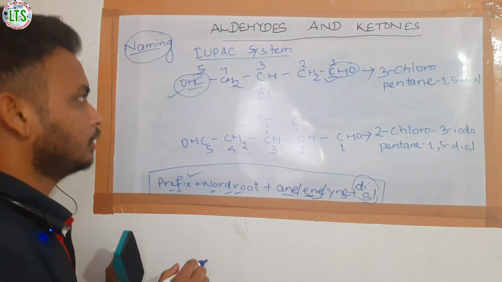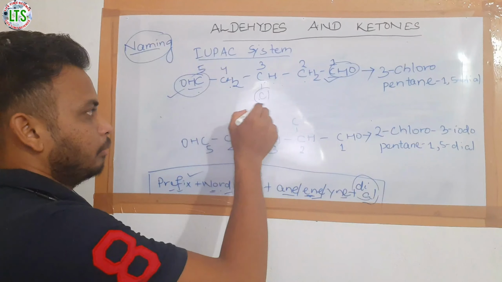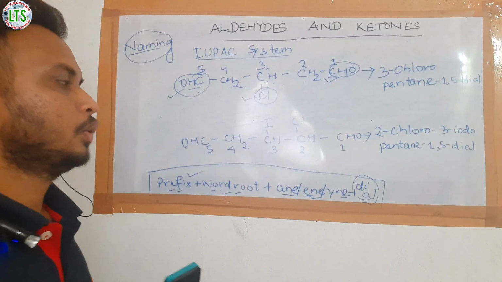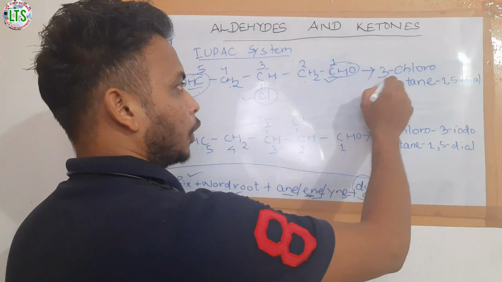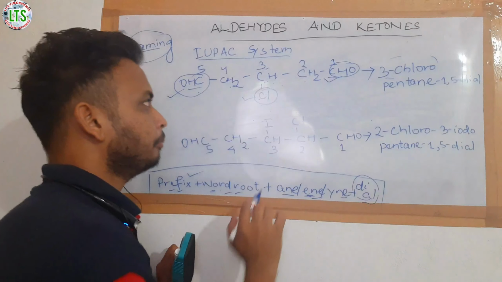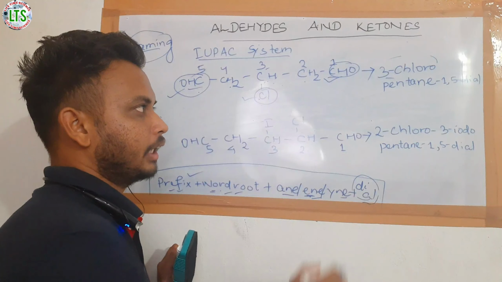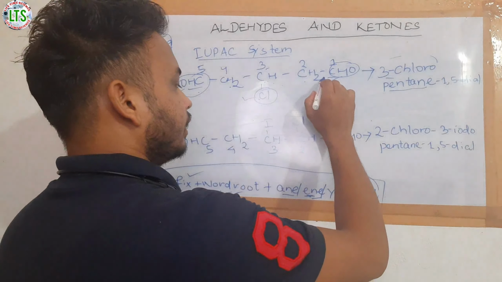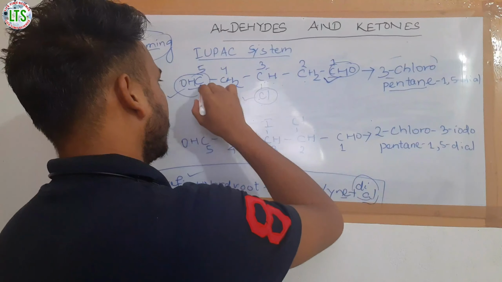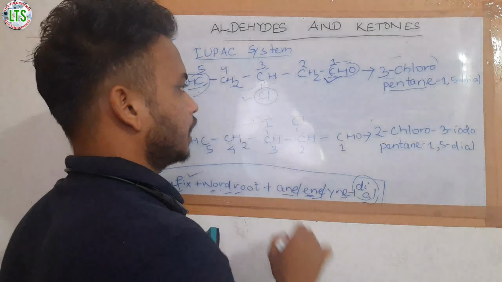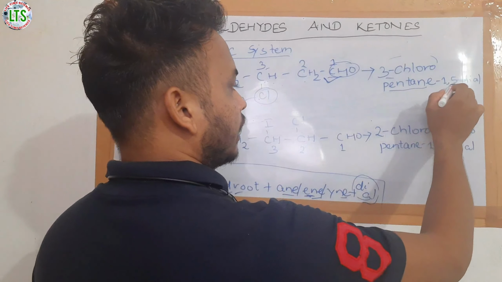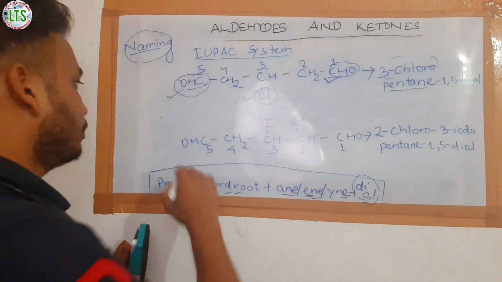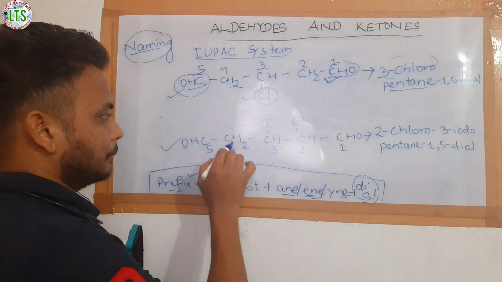Here in this compound, one prefix is there because one chloro group is present at carbon number 3 position. So we can write 3-chloro, then word root, as there are 5 carbon atoms, so we can write pentane. Next, at carbon number 1 and carbon number 5 position, there are two CHO groups, so we can write 1,5-di-AL.